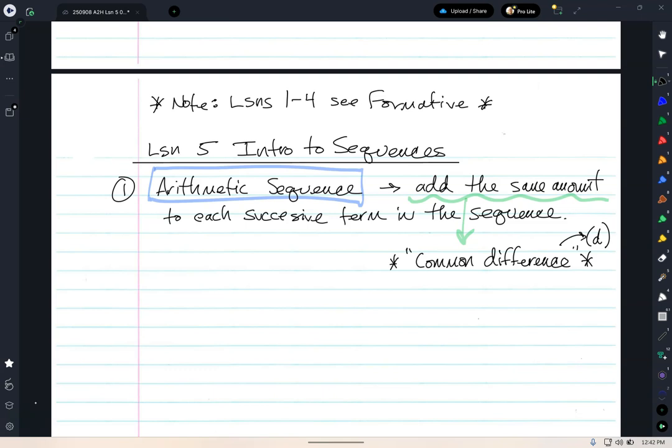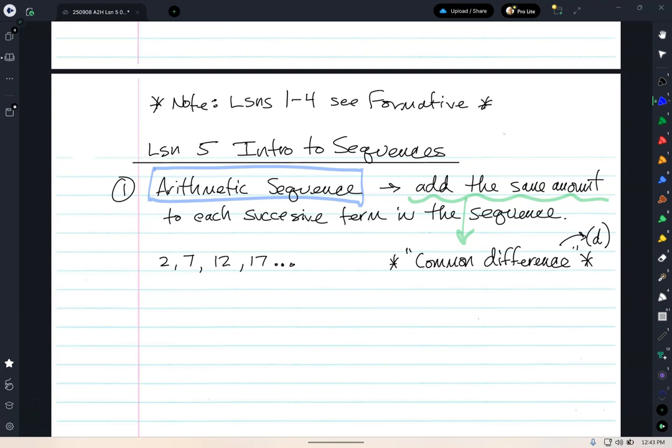Okay, so let's talk about some arithmetic sequences. For example, I might give you something like this: 2, 7, 12, 17, and so on. A sequence is a successive list of values. Remember I said relations can be numbers put together for any reason. In sequences, these numbers are put together in a successive list.